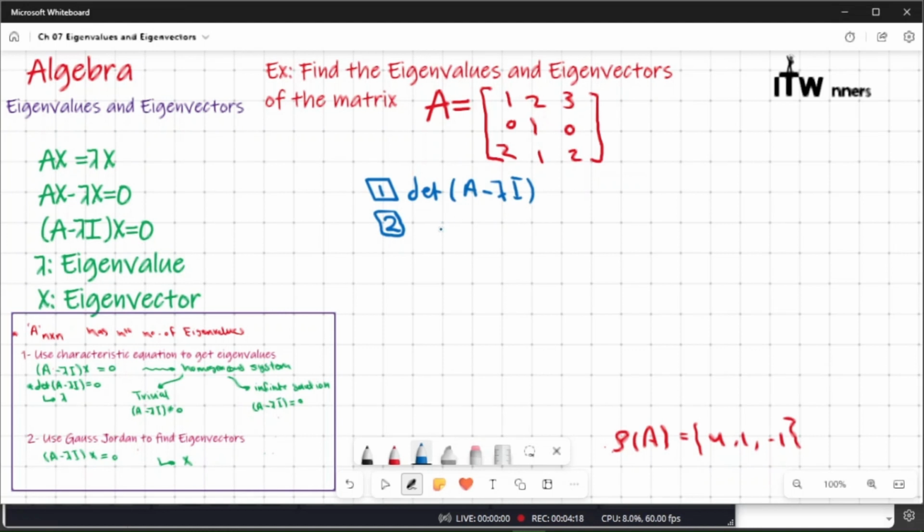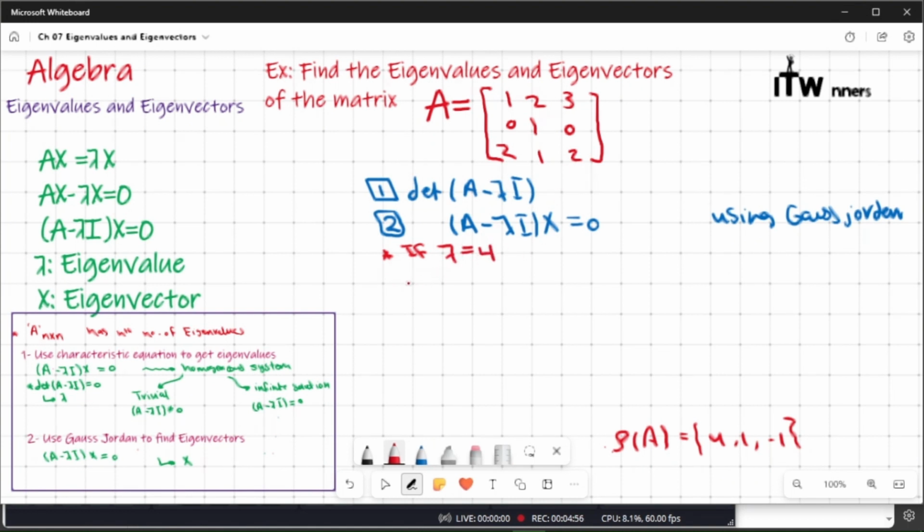Here we have to solve the system (A minus lambda I) x equal to 0 using the Gauss-Jordan method. First, for x1, we have lambda equal to 4.